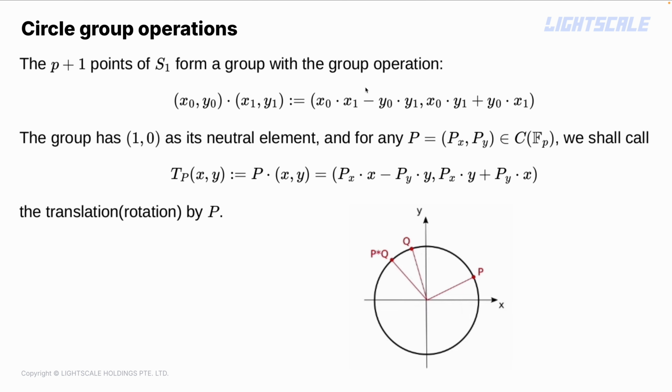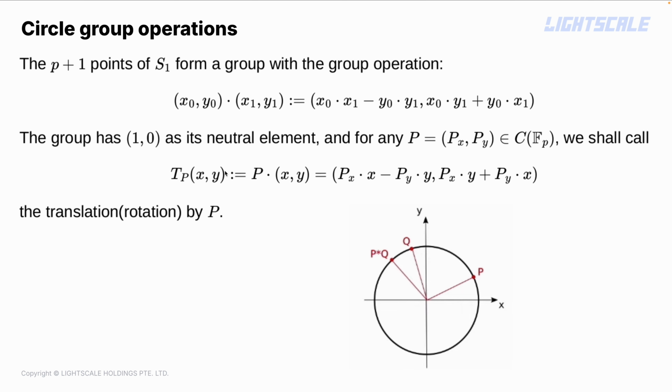And the group operation is defined as follows. This is just a complex multiplication. I didn't really add it, but this actually represents the angular rotation, if you think about cosine and sine. But I'm not sure how I can explain it in that trigonometric way in a finite field.